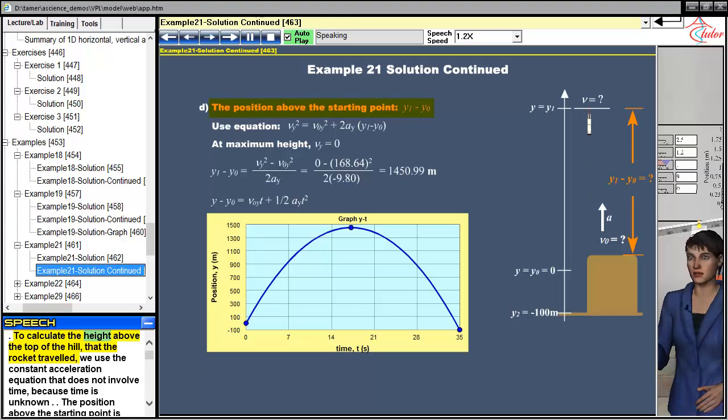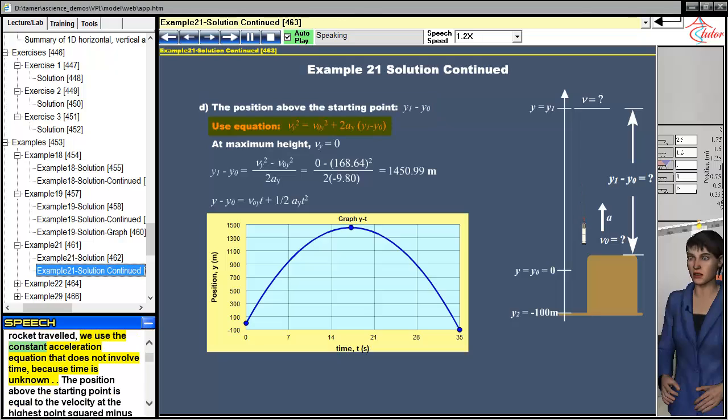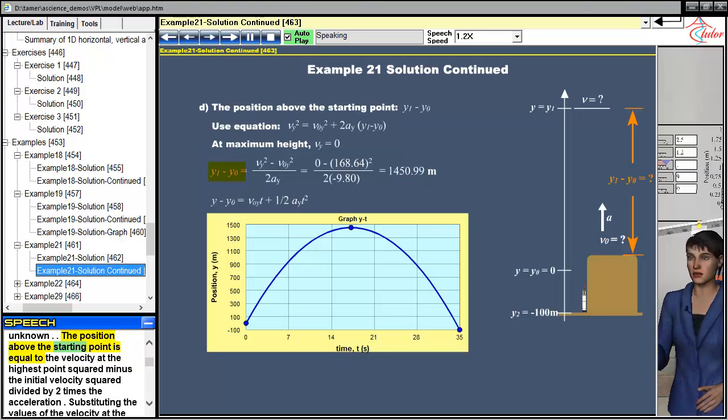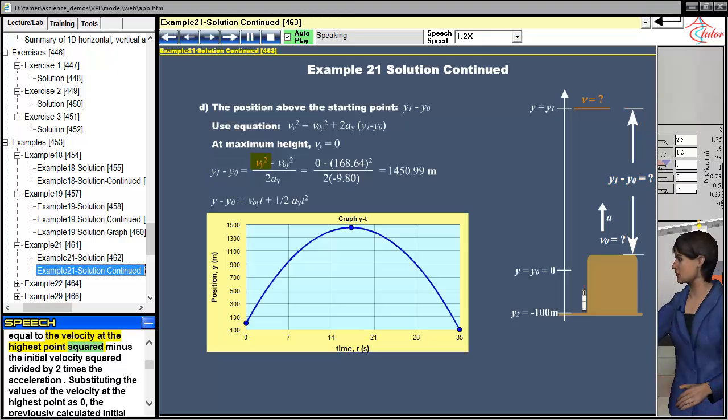To calculate the height above the top of the hill that the rocket traveled, we use the constant acceleration equation that does not involve time, because time is unknown. The position above the starting point is equal to the velocity at the highest point squared, minus the initial velocity squared, divided by 2 times the acceleration.